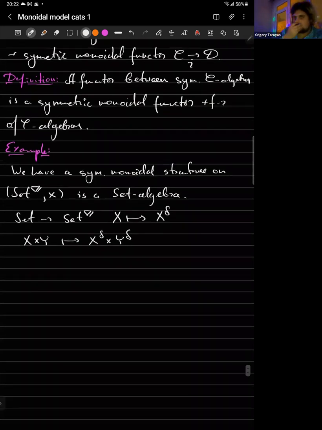So this gives us a structure of set algebra on simplicial sets. Okay.